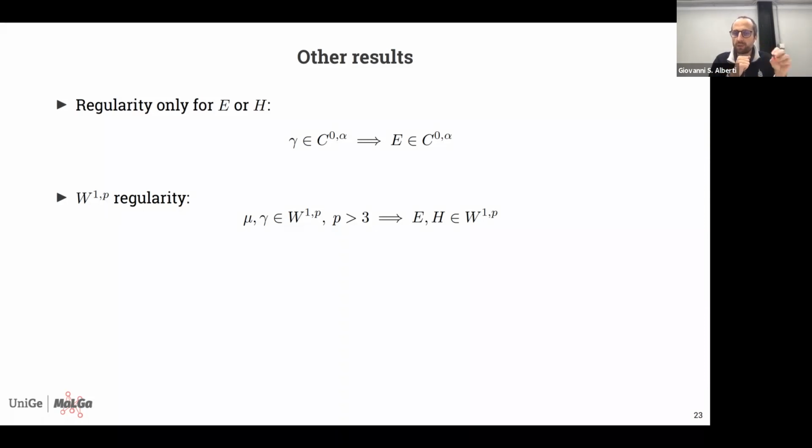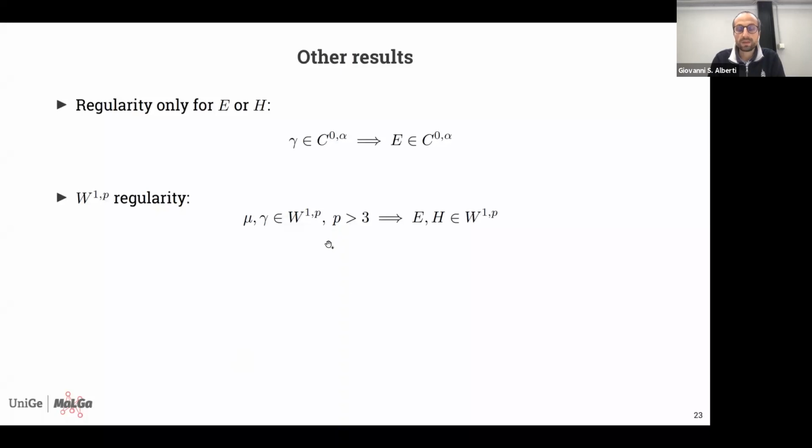I mentioned something with the L^6 regularity for proving the C^{0,alpha} estimates during the talk. Here it would be a similar type of reasoning, and you get exactly the same result. So if you have coefficients in W^{1,p}, you get solutions in W^{1,p}.